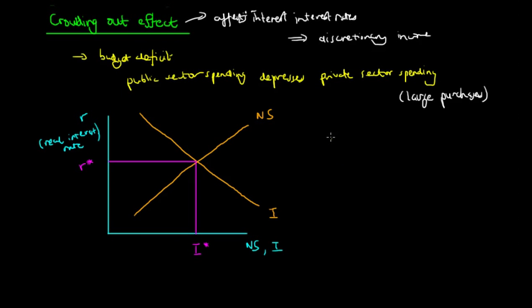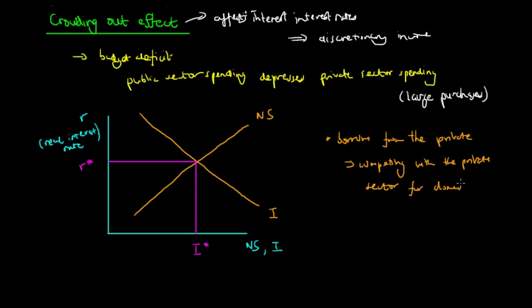So when the government borrows from the private sector, they are in a way competing with the private sector, so households and businesses, for domestic savings.